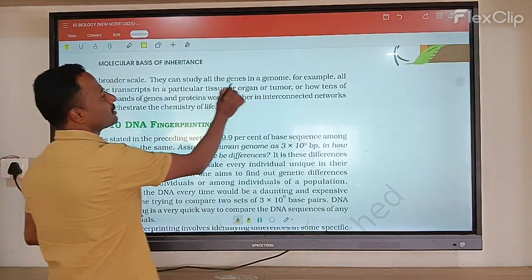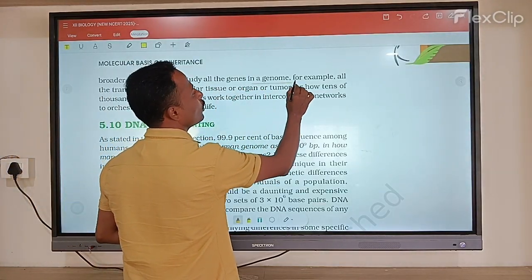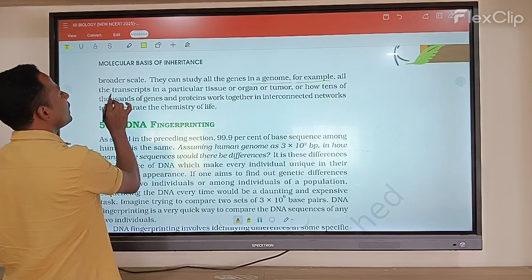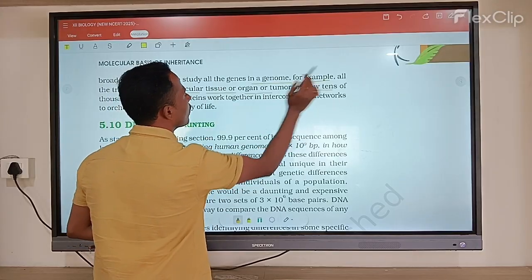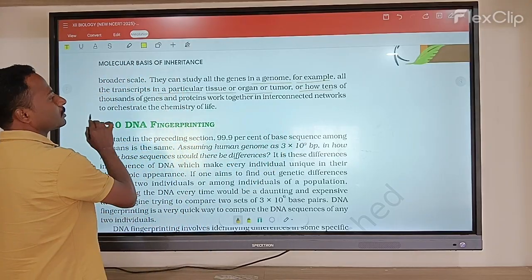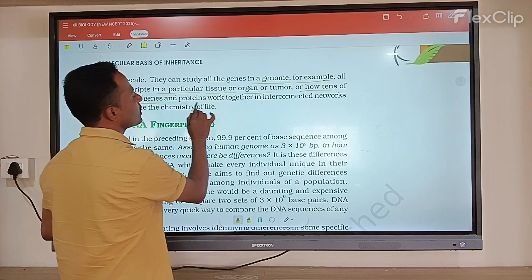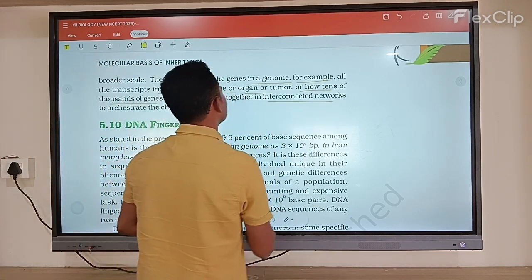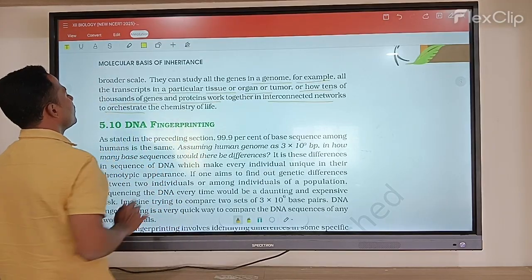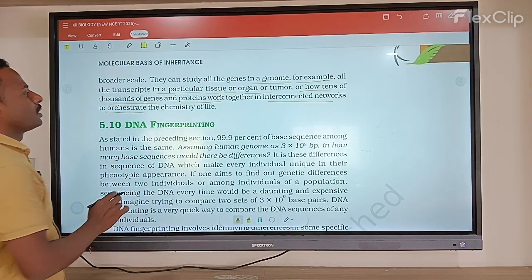They can study all genes in a genome, for example all transcripts in a particular tissue, organism or tumor, or how the tens of thousands of genes and proteins work together in interconnected networks to orchestrate the chemistry of life.